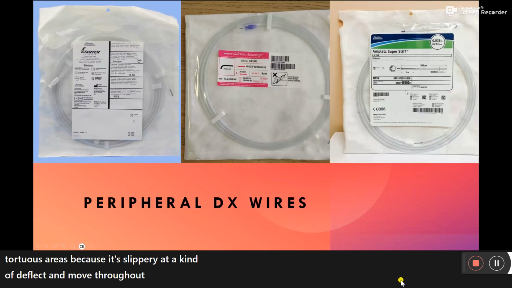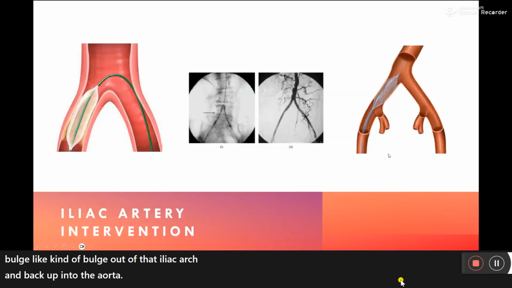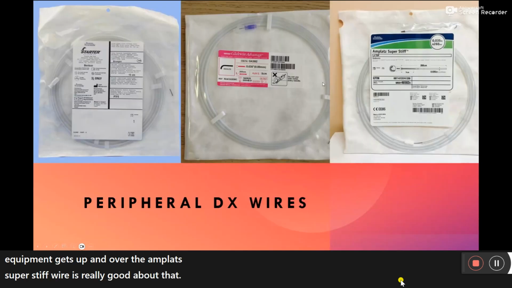And Amplatz Super Stiff is used a lot when we're going contralaterally over the common iliac arch, and we need to provide support for our equipment going over that arch so it doesn't bulge out of that iliac arch and back up into the aorta. We want it to stay there and make sure our equipment gets up and over. The Amplatz Super Stiff wire is really good about that. So make sure you know the purposes of these three wires.